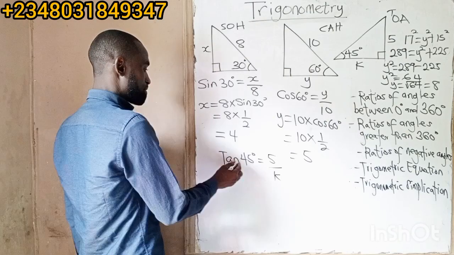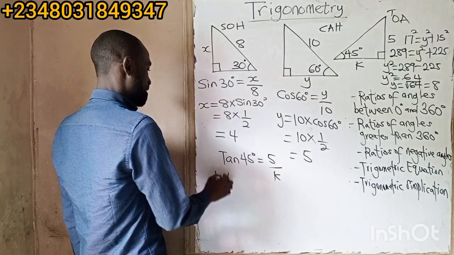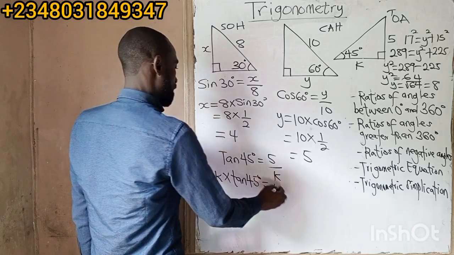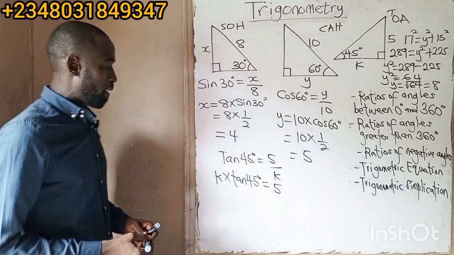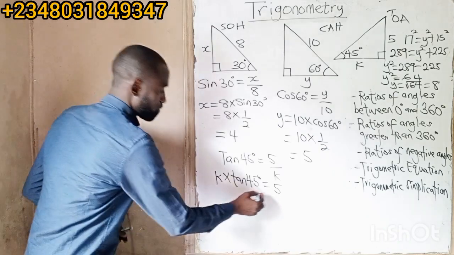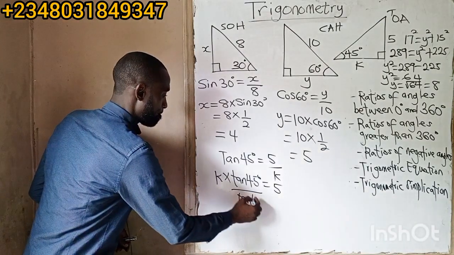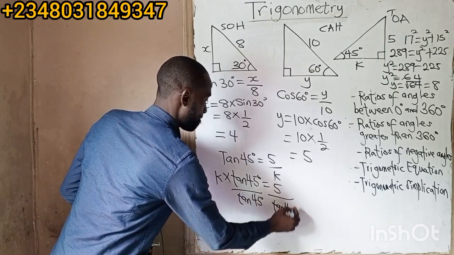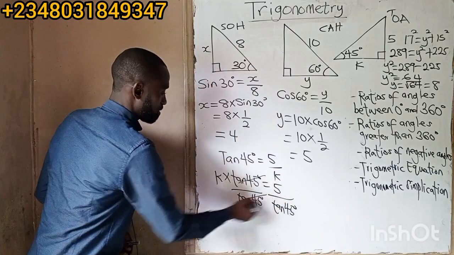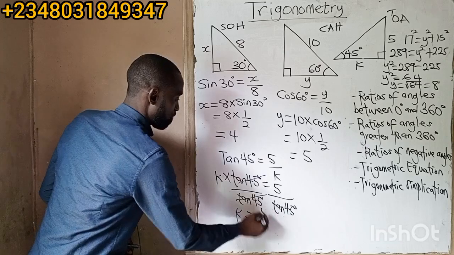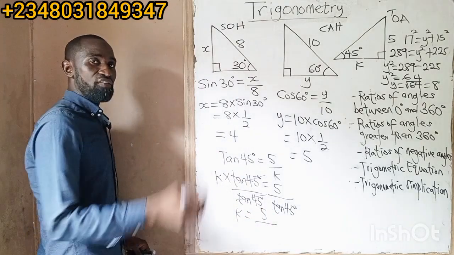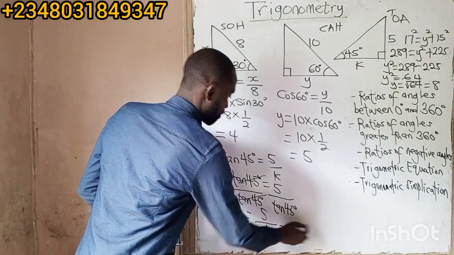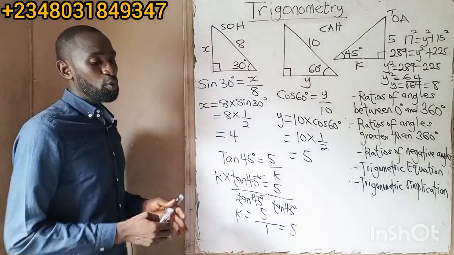So we have k times tan 45 equals 5. The next thing, we divide both sides by tan 45. This will cancel out this. So our k will be equal to 5 all over tan 45, which is 1. So our answer here is 5.